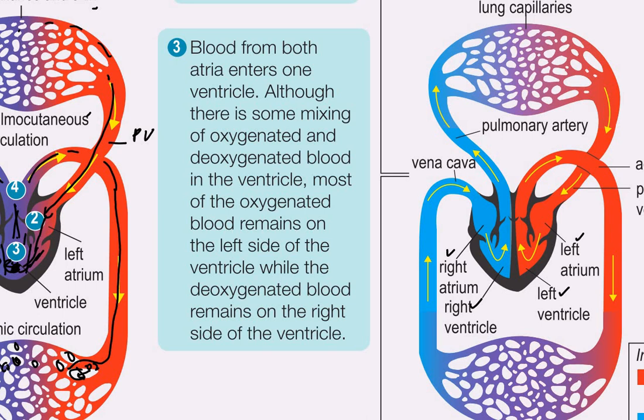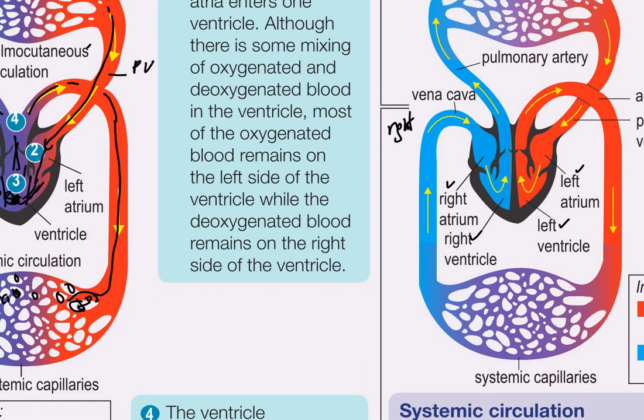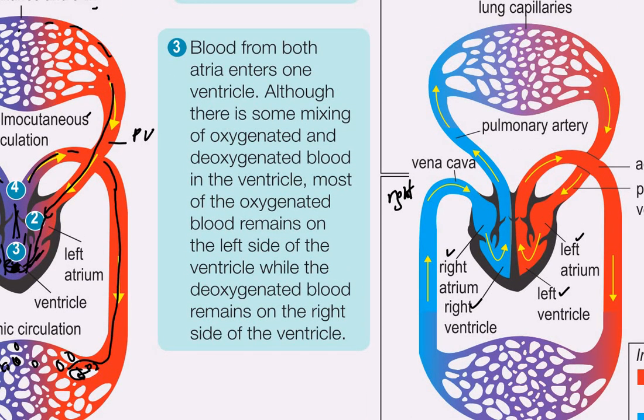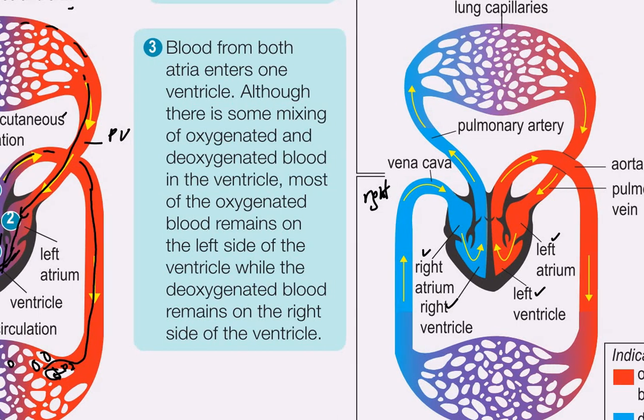Okay, so the right side will carry the deoxygenated blood, and the left side will carry oxygenated blood. So that's why this system is known as complete double circulatory system.